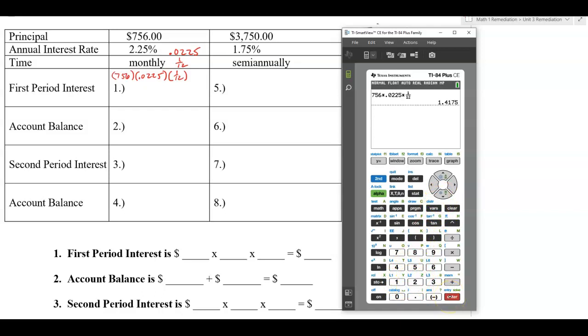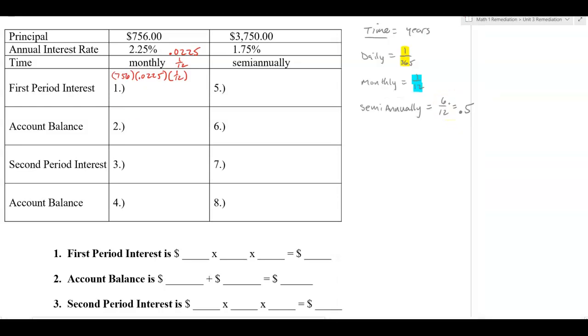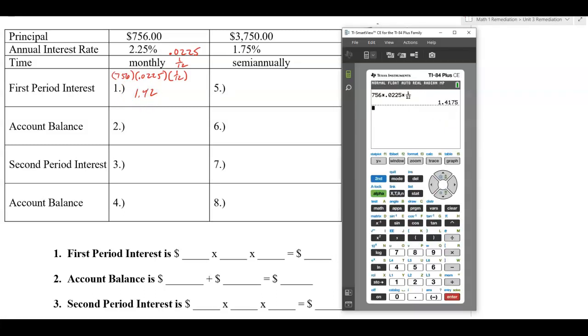If I hit enter, I get $1, and the 0.417 tells me to bump the 1 up to 2, so that'd be $1.42 in interest.